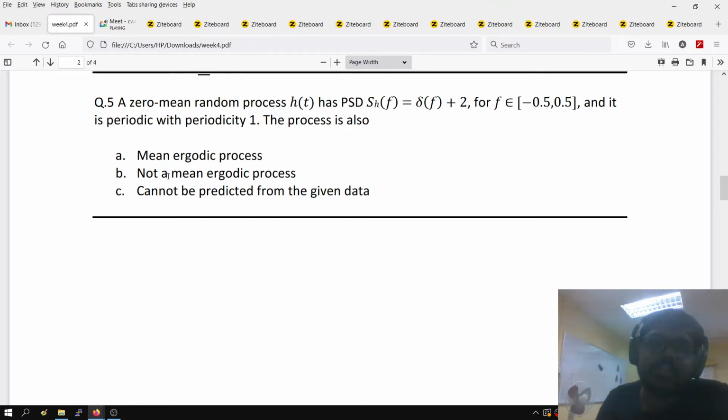Or in the reverse, you can think like sample average. I don't think the question is right, probably. The question should have put more information. However, they have put the question that it is not a mean ergodic process, but still I cannot comment on that also.